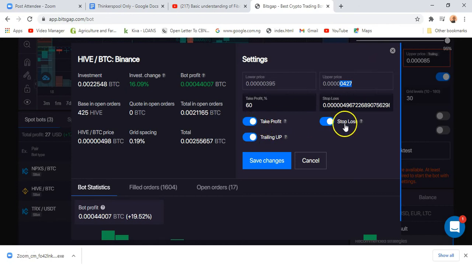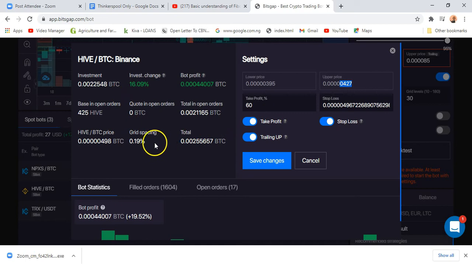The take profit is here, and my stop loss is also intact. So ever since I launched this bot, the current price is now 498. The bot was able to follow up the price because the trailing up is activated.